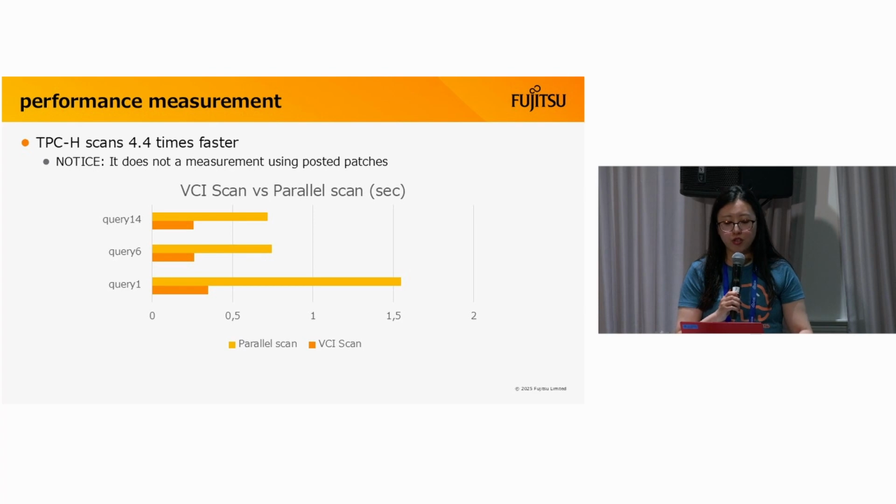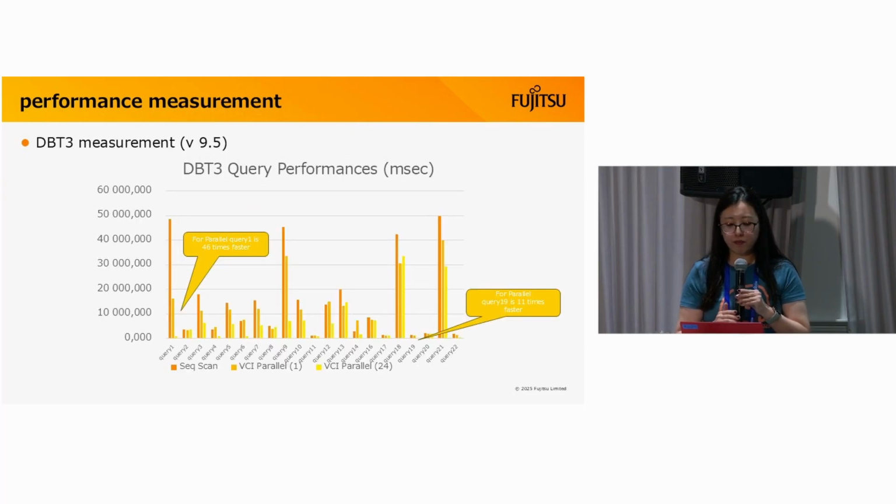The result shows that VCI scans are about 4.4 times faster than OSS parallel scan. It is not an attached patch performance. In this performance measurement, VCI has parallel scan, but the attached patch removed the parallel scan part.